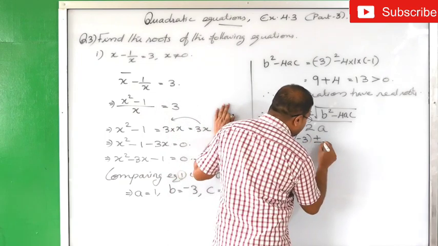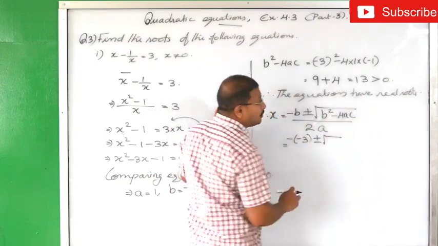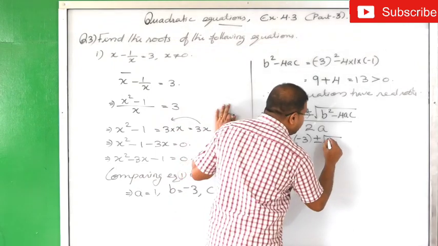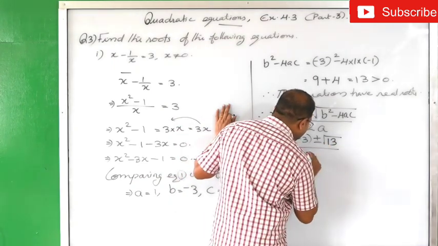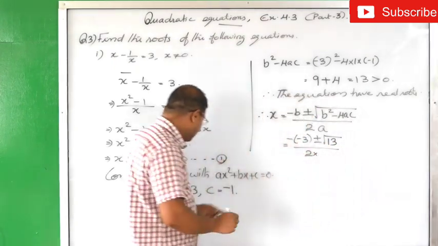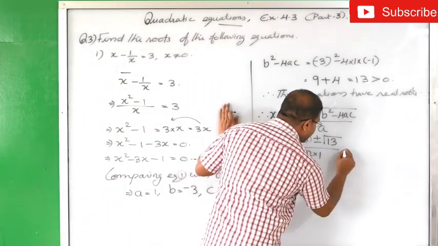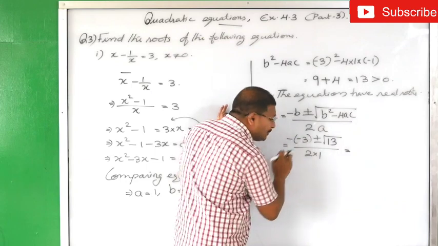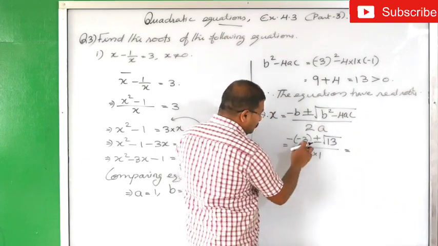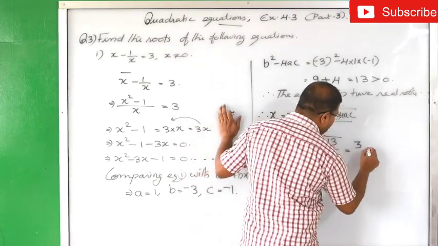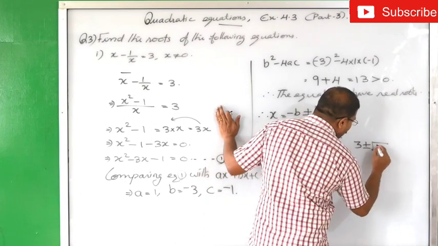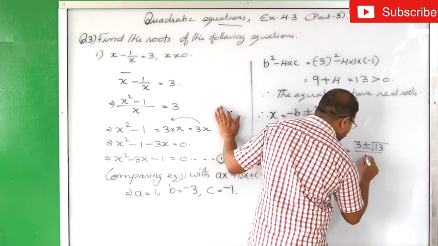Plus or minus root of b square minus 4ac is 13 divided by 2 into, what is the value of a? Yeah, 1, isn't it? So into 1 equals, now minus into minus plus, so plus 3, that means just 3, plus or minus root of 13 divided by 2 ones are 2.